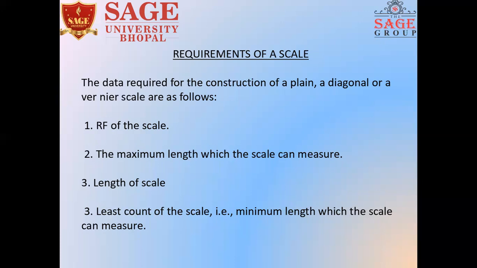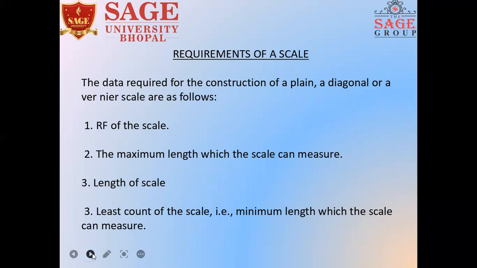So these are all 4 parameters that are very important to draw a scale. So I repeat, first we need the RF of the scale, mostly given in the problem. Second, very important data is the maximum length, also given in the problem. Third is the length of scale. Length of scale is very easy to calculate because it is the multiplication of RF and maximum length. And fourth is the least count of the scale. It's also given in the problem.